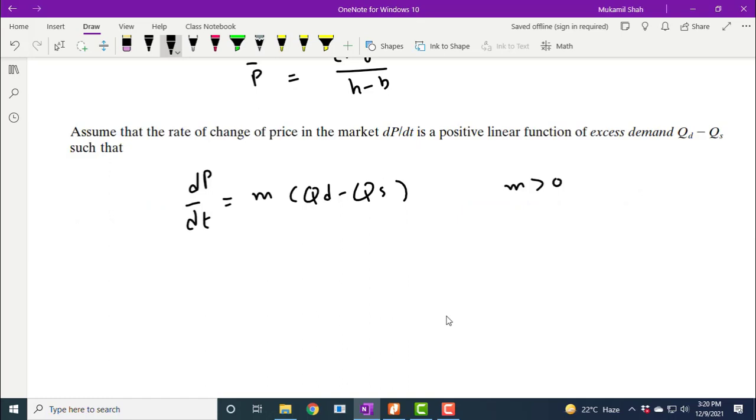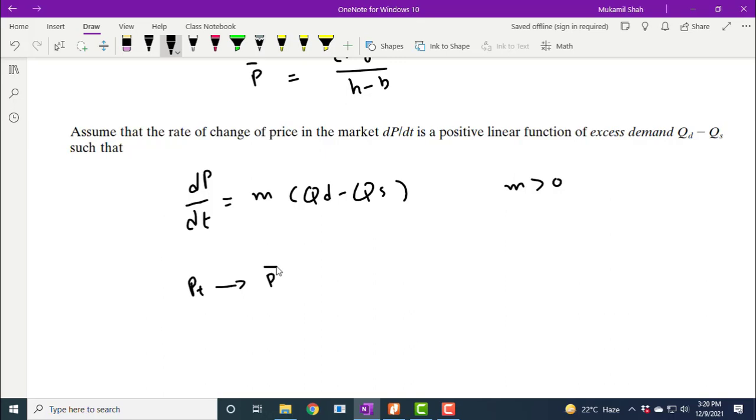It means that price will change over time, but for the dynamic stability, it is mandatory that your price over time must converge to the equilibrium price.